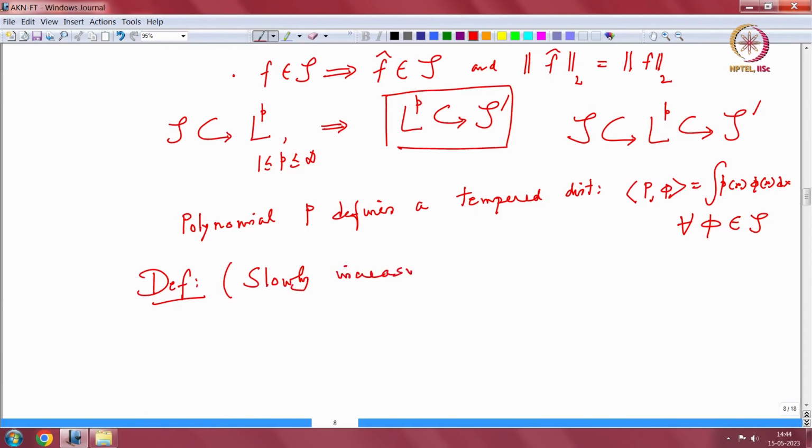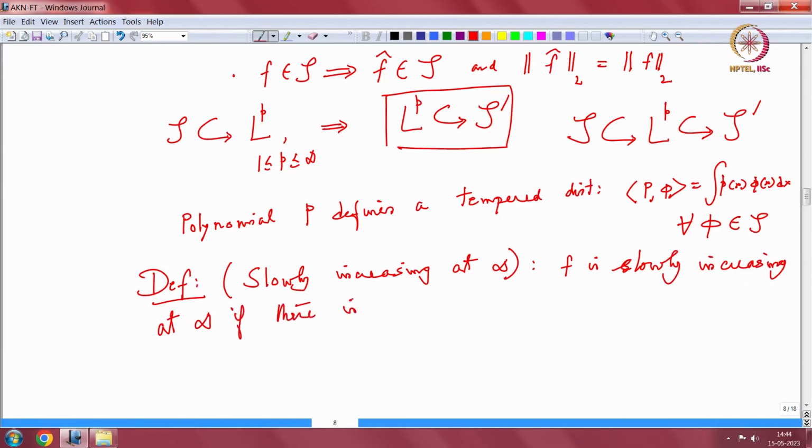F is slowly increasing at infinity if there is a positive k such that 1 plus mod x square, whole power minus k by 2, times f is bounded in R.